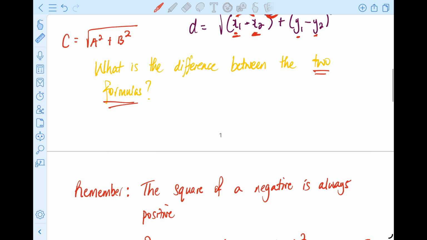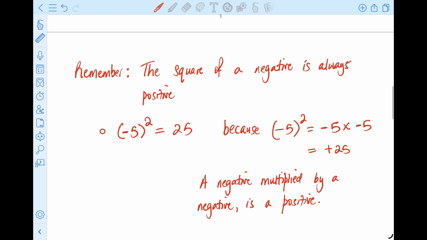I think I did a little explanation here. So just remember this. The square of a negative is always positive. What does that mean? Negative 5 squared is equal to 25 because negative 5 squared is equal to negative 5 multiplied by negative 5, which is going to be equal to positive 25 because a negative multiplied by a negative is a positive.